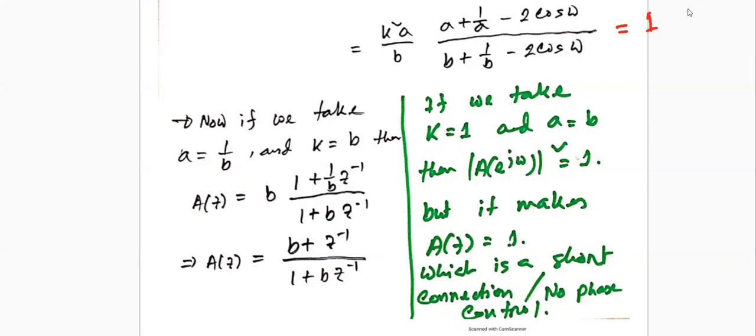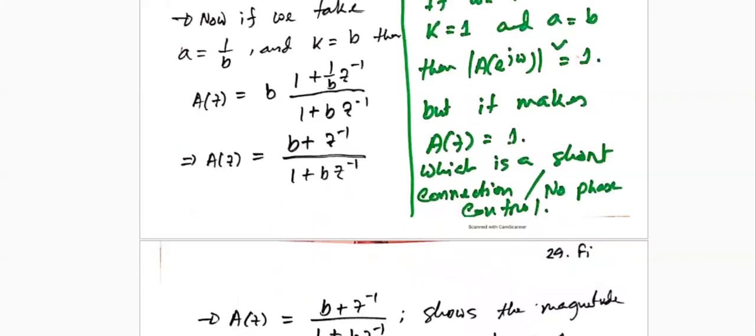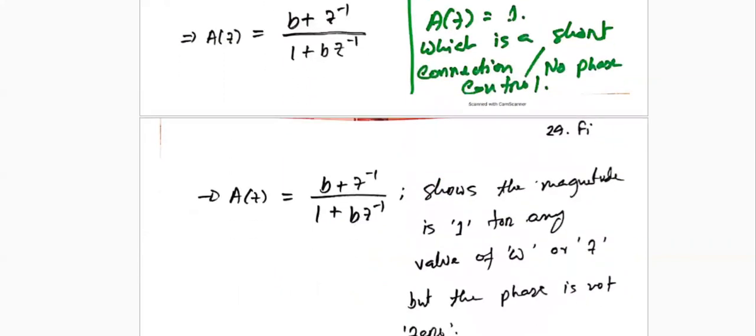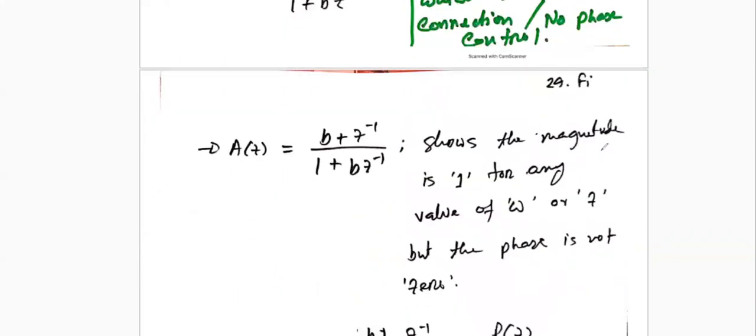And what about this? We are getting different phase. We can control the phase of the filter. Now you can see that the magnitude is 1 for any value of omega.